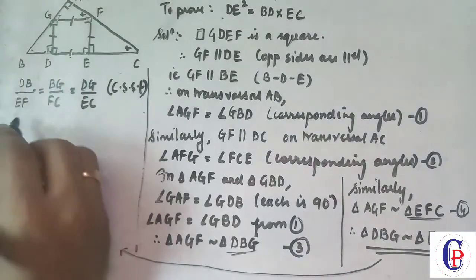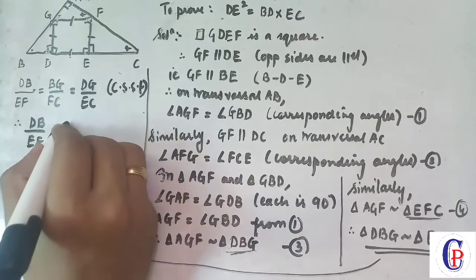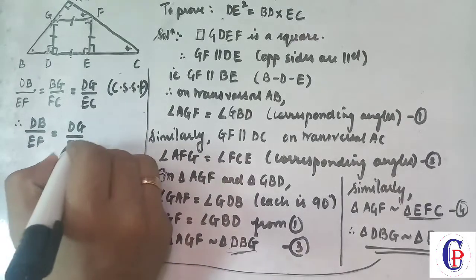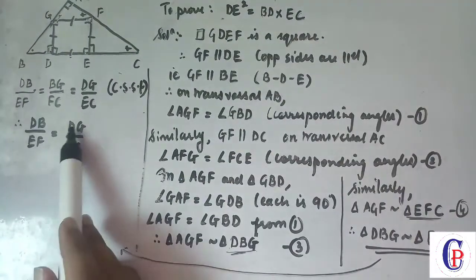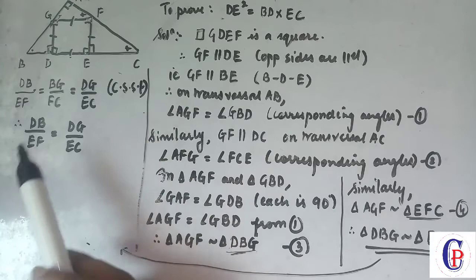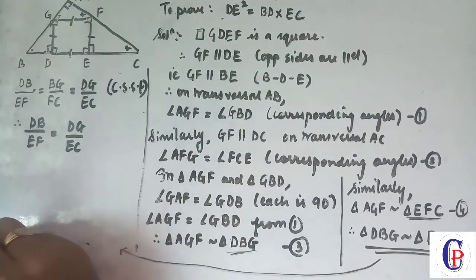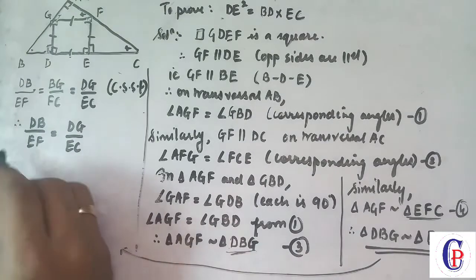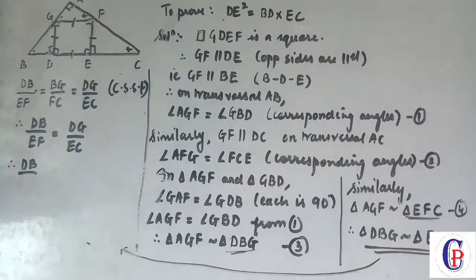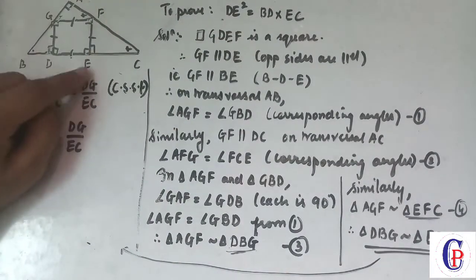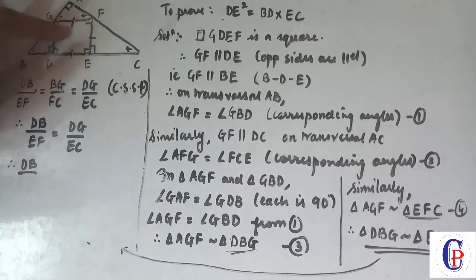So we can write here DB upon EF is equal to DG upon EC. Now we have got DB and EC, but we want DE square, means we want two DEs. So we will use the information given about the square. You can see here EF is equal to DE because it is the side of square.